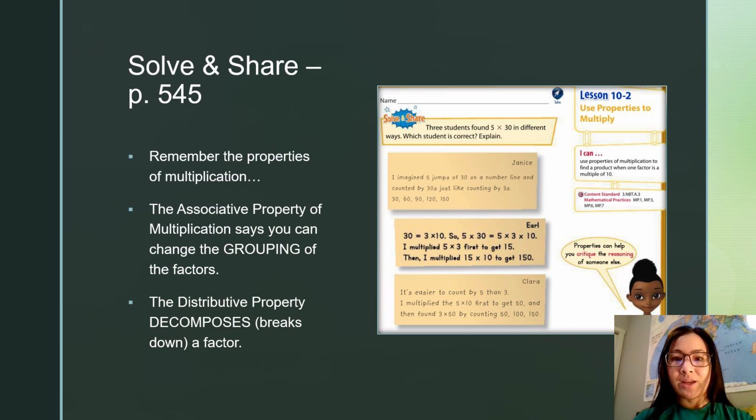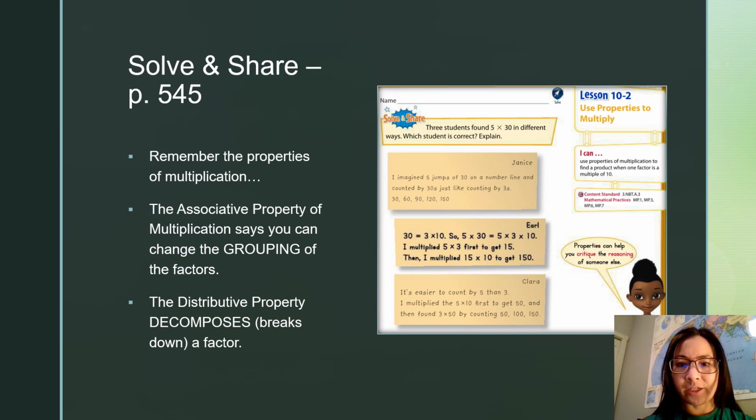All right, so in this solve and share problem, it says 3 students found 5 times 30 in different ways. Which student is correct? Explain. So you can look on the screen or in your workbook if that's easier. 3 students. So Janice explains how she got 5 times 30 like this.